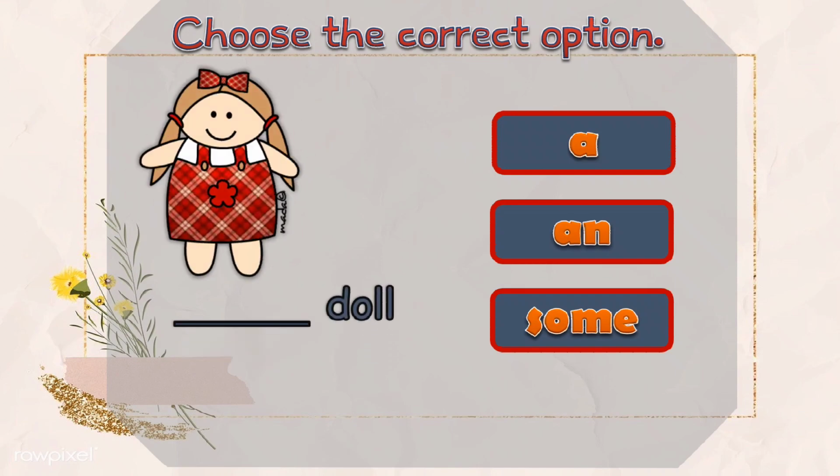How about this one? Doll. Can we count this doll? Yes, of course. So we will say a or an. This is only one, right? The sound starts with a consonant, so we will use a doll.